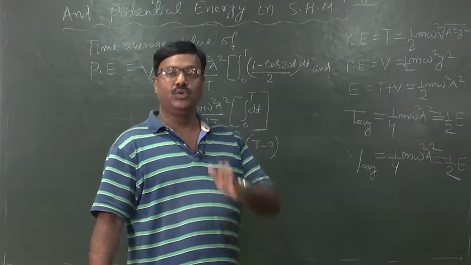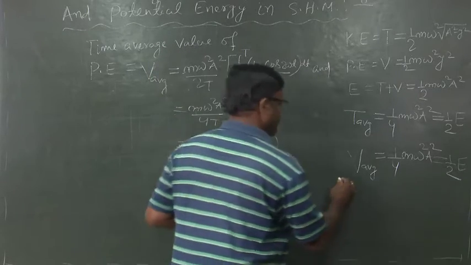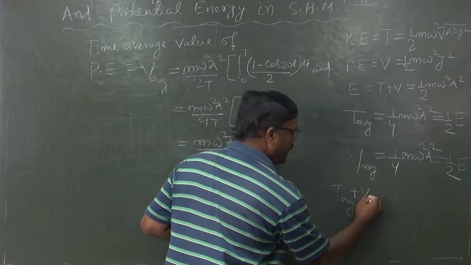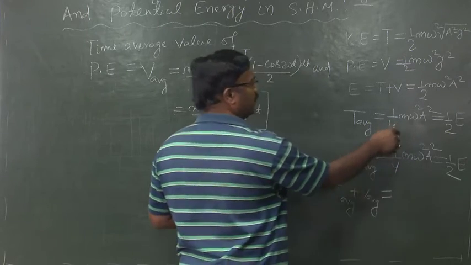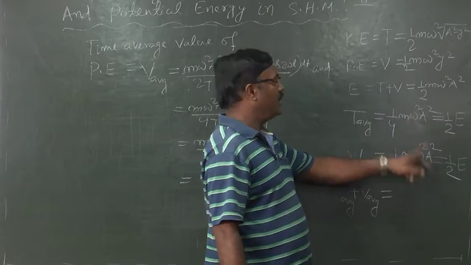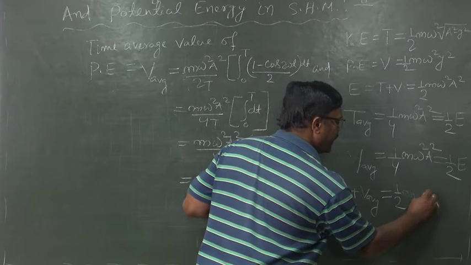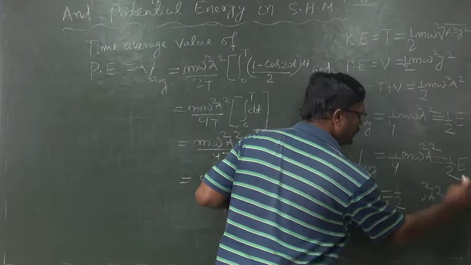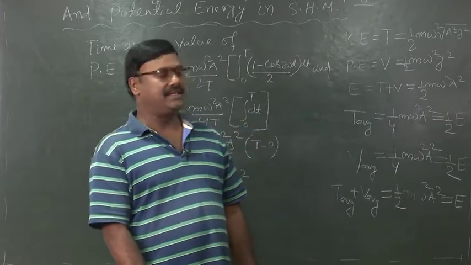And if we add up these two quantities, that means T average plus V average will be equal to how much? 1 by 4 m omega square a square plus 1 by 4 m omega square a square, which will be equal to half of m omega square a square and is equal to the total energy of the body executing in SHM.